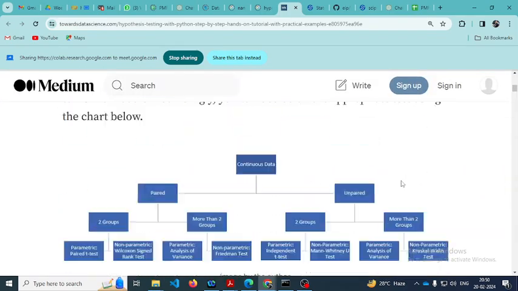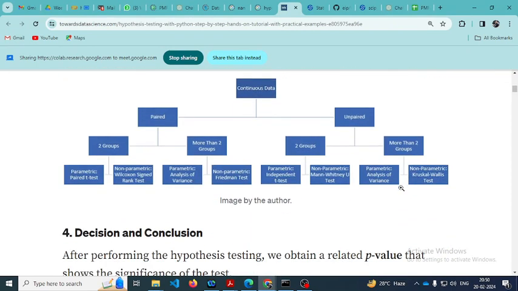If you have continuous data, you need to check whether it is paired or unpaired. If it is two-group data, or more than two groups, then for each group we classify whether it is a parametric or non-parametric test. You need to find the appropriate test, and only then can we apply it. With this, I can conclude my session.